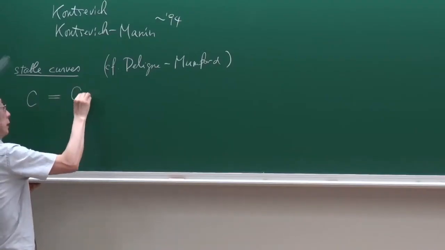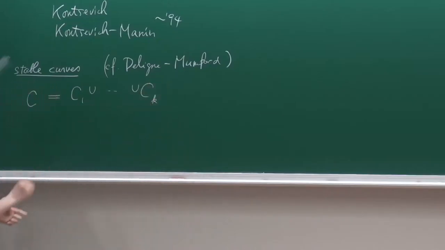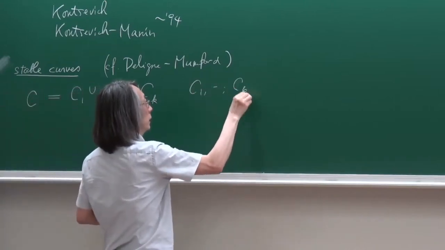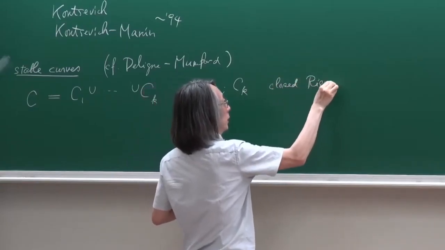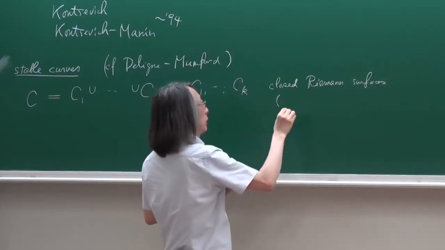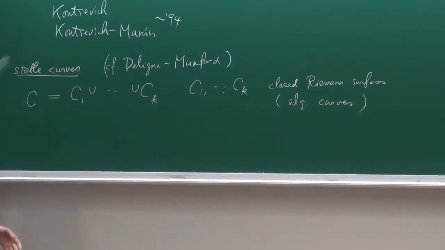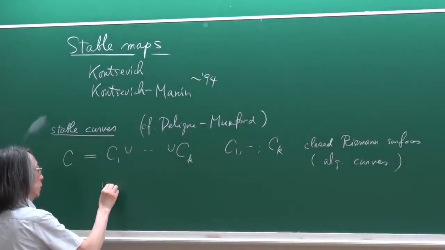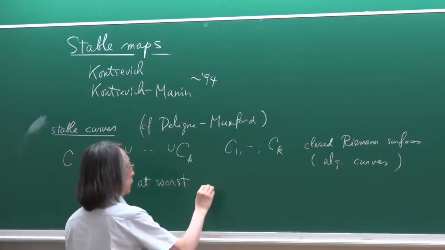It may contain several Riemann surfaces, so C1 to Ck are compact closed Riemann surfaces, or maybe algebraic curves with, at worst, nodal singularities.